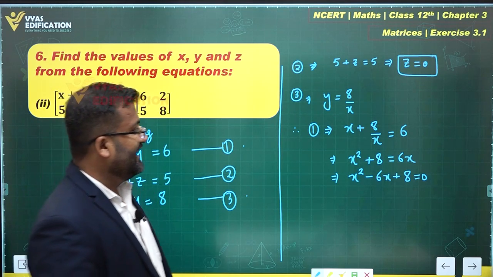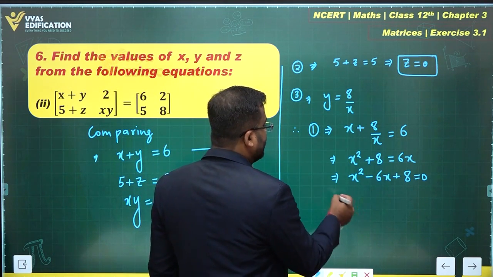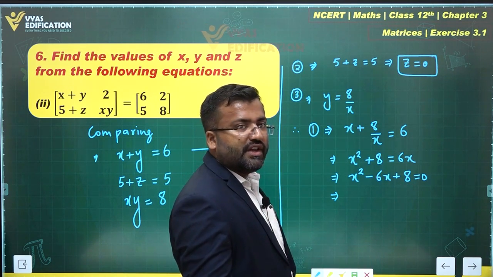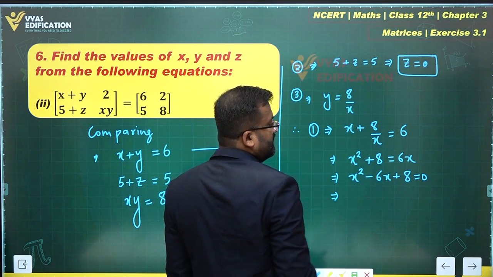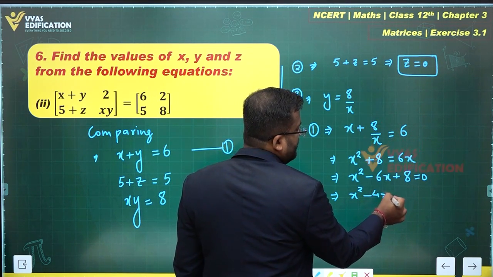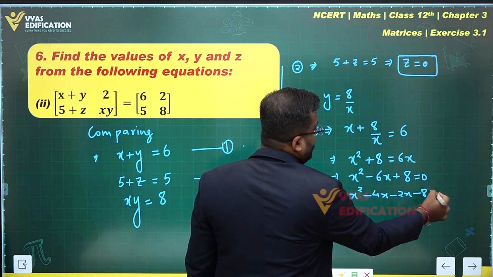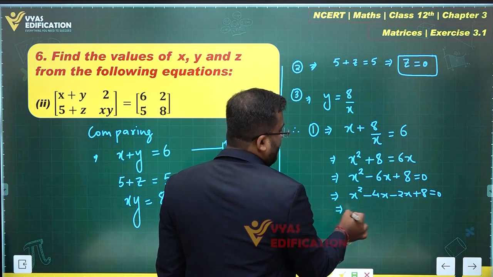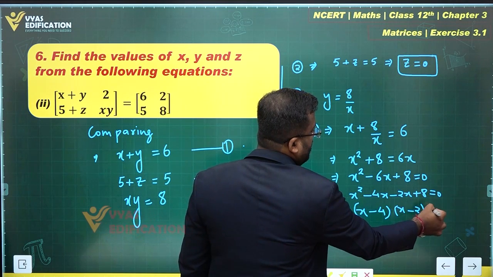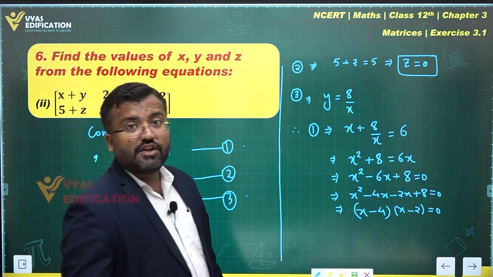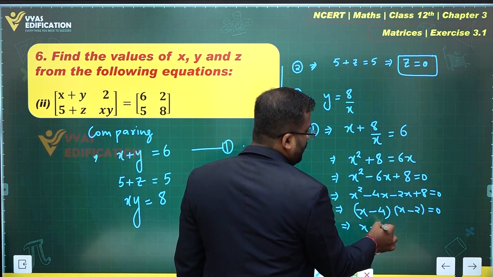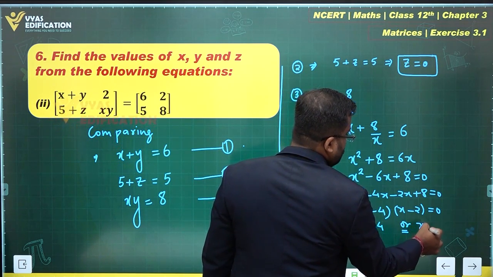And this quadratic can further be solved by simple factorization by splitting the middle term. This is 8, 8 can be done as 4 times 2, which sums up to 6. So x square minus 4x minus 2x plus 8 equals 0. The factors would be x minus 4, x minus 2 equals 0, and implies that x equals 4 or x equals 2.